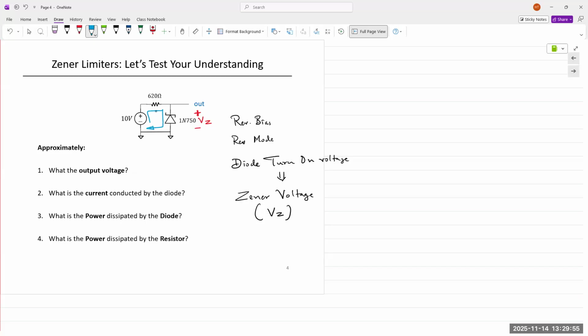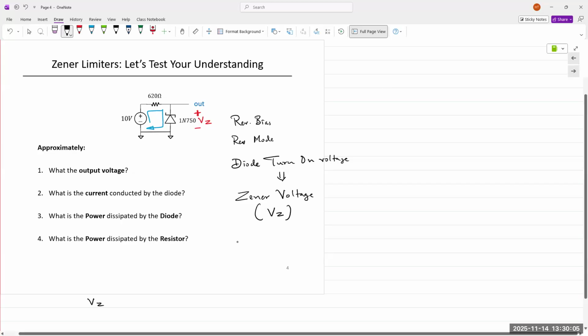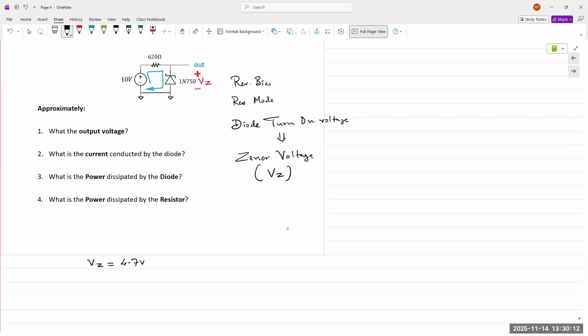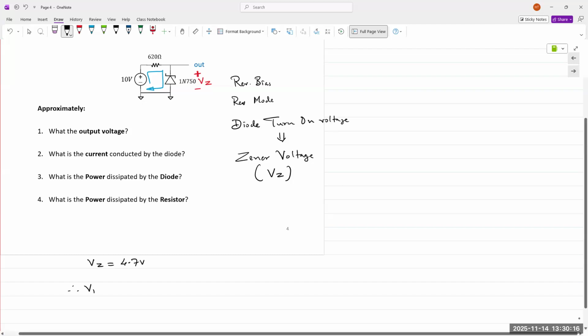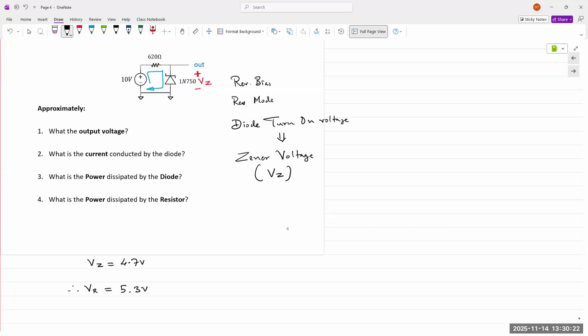So once it starts conducting, VZ in this example is 4.7 volts. So what is the voltage across the resistor? That's it, 10 minus 4.7. And then, of course, from there, we can find the current flowing through the circuit.